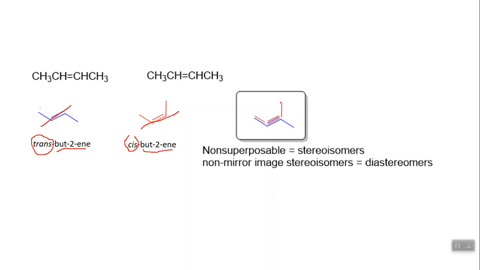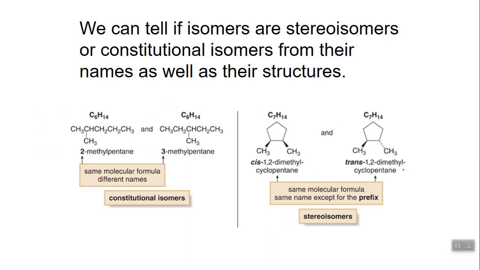One methyl group's going down, the other methyl group's up, and you can't do anything to these molecules to make them align. The other thing to note is that they aren't mirror images of each other. And so we have a specific name for these types of stereoisomers, called diastereomers. We'll come back to that in just a few minutes.